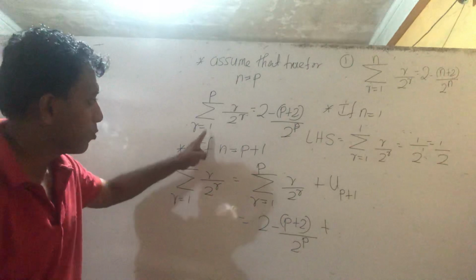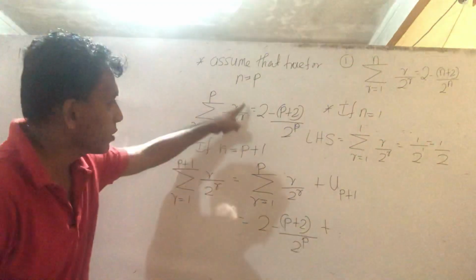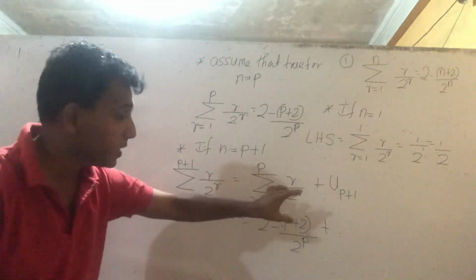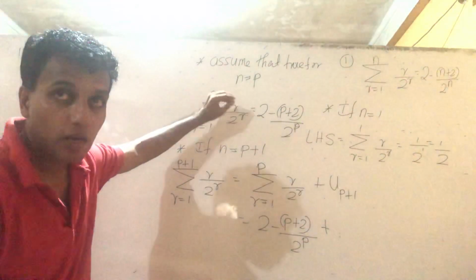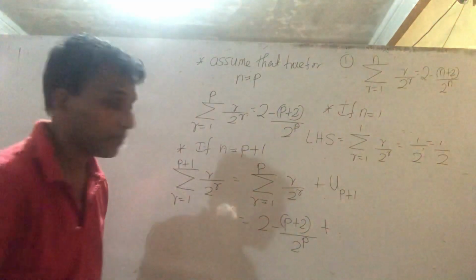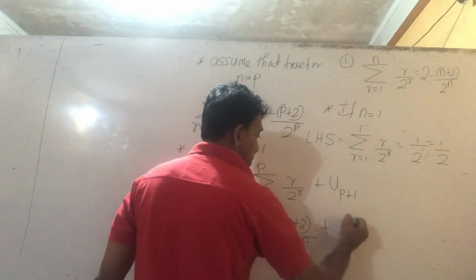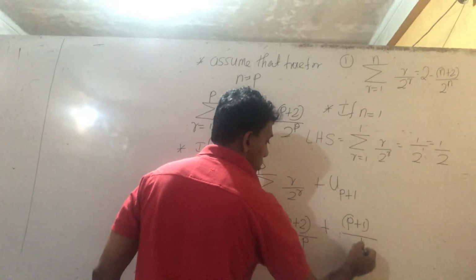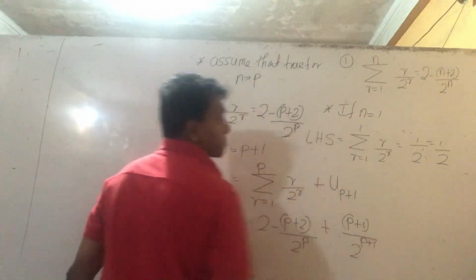How? If you put r for 1 it's the first term, r for 2 the second term, r for 10 the 10th term. So the p plus 1th term is r for p plus 1: p plus 1 over 2 to the power p plus 1.